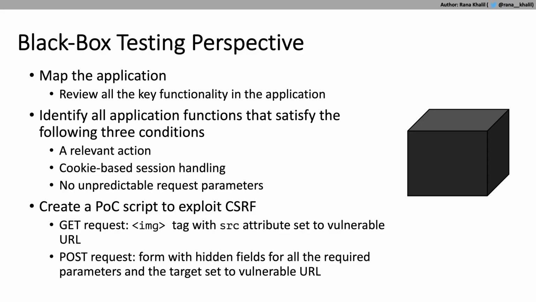In that scenario, you would use a form element with hidden fields for all the required parameters in that request, and then set the target attribute to the vulnerable URL. If that doesn't make sense, that's okay. In the next section, when we talk about how to exploit CSRF vulnerabilities, we'll have examples for each of these use cases. All right, so that's how I would go about finding CSRF vulnerabilities from a black box perspective.